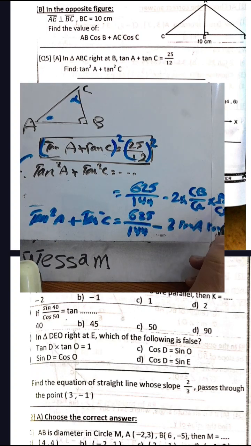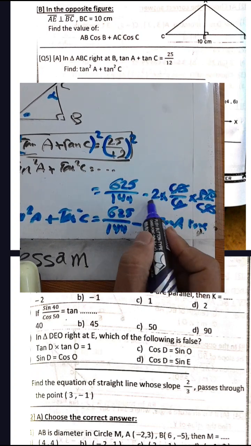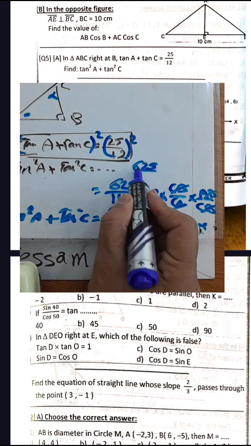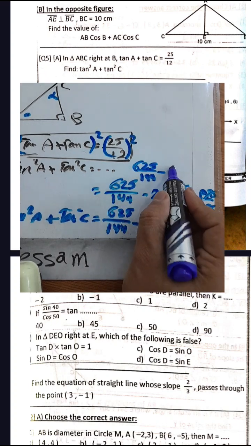Then you can cancel them. The result will be 625 over 144 subtract 2.